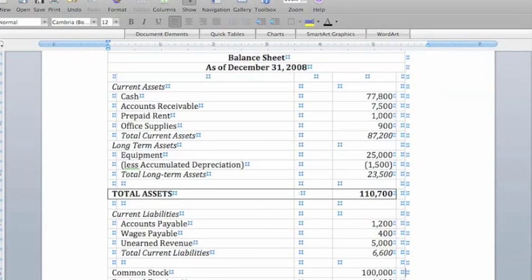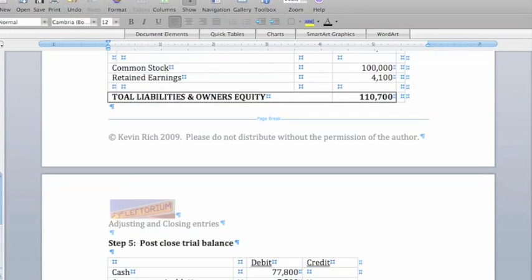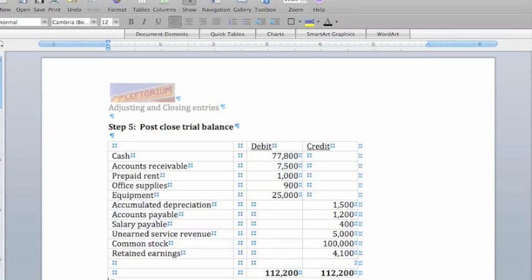This is our balance sheet listing out all the things that we have or owe at the end of the accounting period. And then the last step ends up being posting a post-close trial balance to make sure that everything is ready for the next accounting period. So that's it. And so I suggest you review these financial statements to make sure that you're comfortable with the process that I went through to get to them. So that's it.